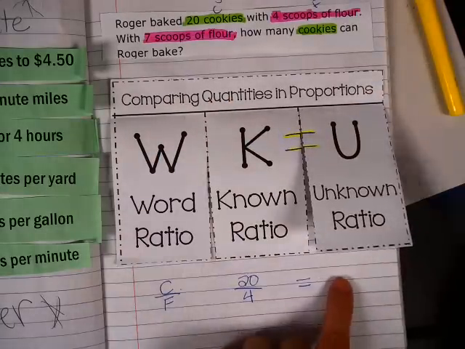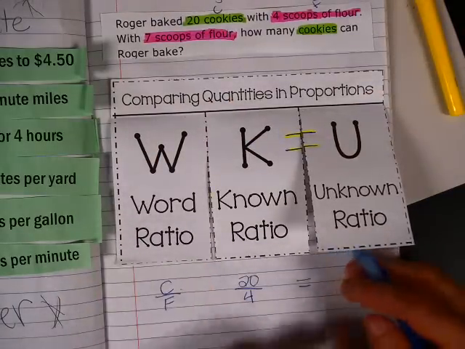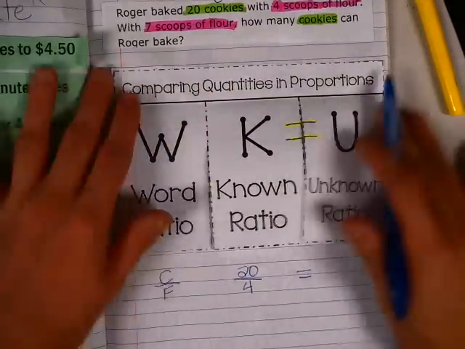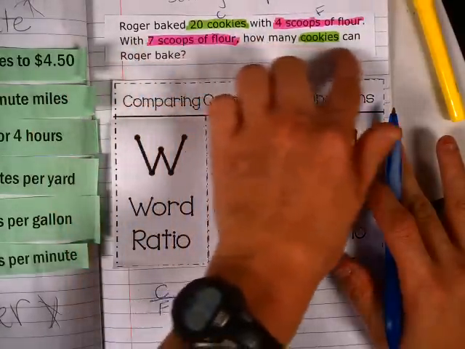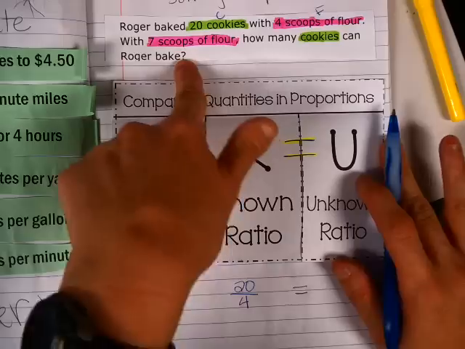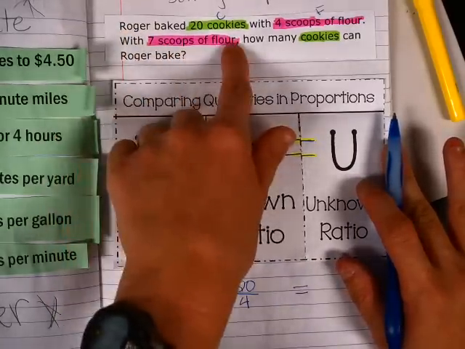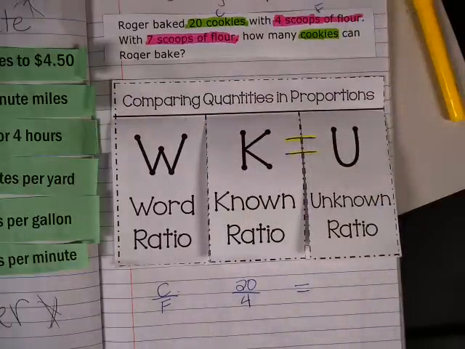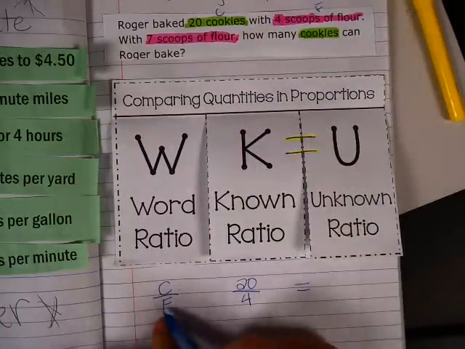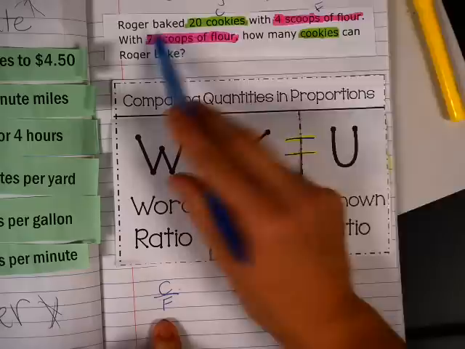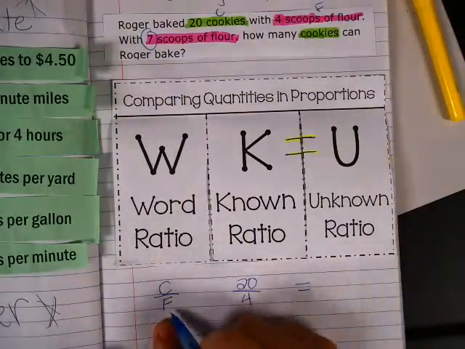So come back down here. Notice I have them kind of all on the same line. What do we know? Looking at the question line. This is where the question is. Look for that question mark. It says with 7 scoops of flour. Ooh, that's a number. I love numbers, so let's put our number where it goes.